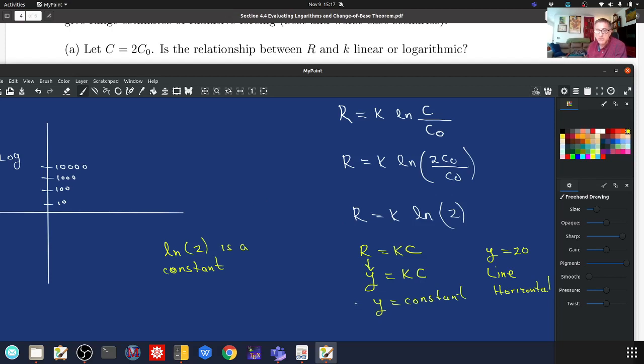So in other words, here would be my R axis, and here would be my C over C naught axis or something like that. Anyway, the answer is it's linear. Not only is it linear, it's horizontal.